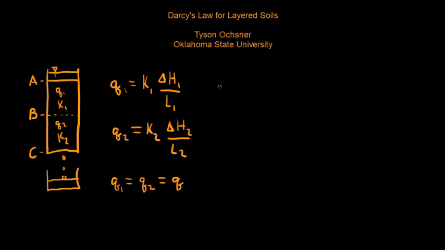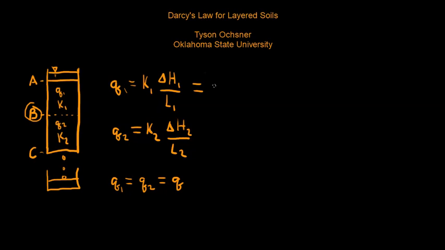So to get Darcy's law in a convenient form for layered soils, we'll need to do some algebra. And the first thing that we want to do is to find out what is the hydraulic head at this point B, this interface between the two soils. And to do that, we can expand on the expression for the flux here at the first layer.